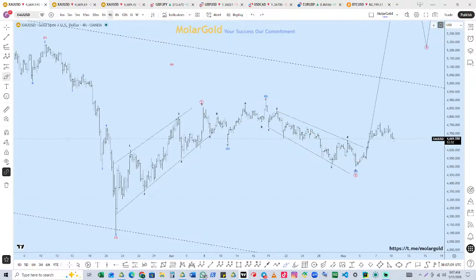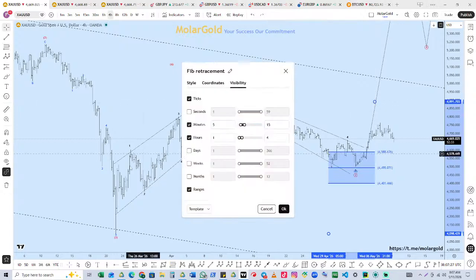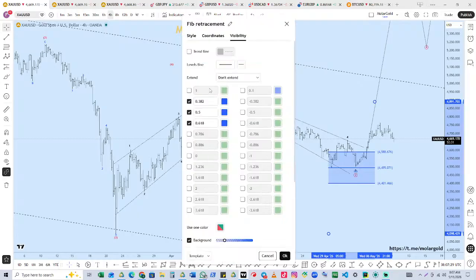Interestingly, price did not trigger the 50 and 61.8 level. We usually love price to trigger these levels.